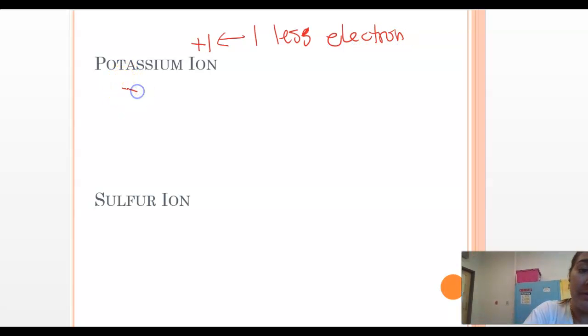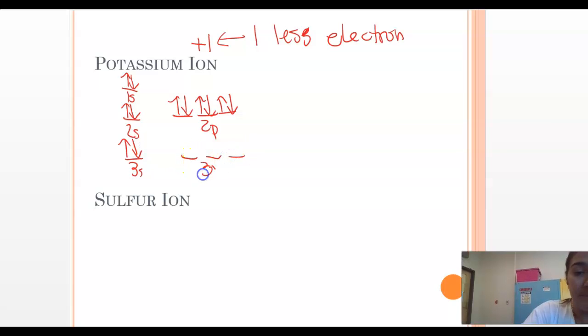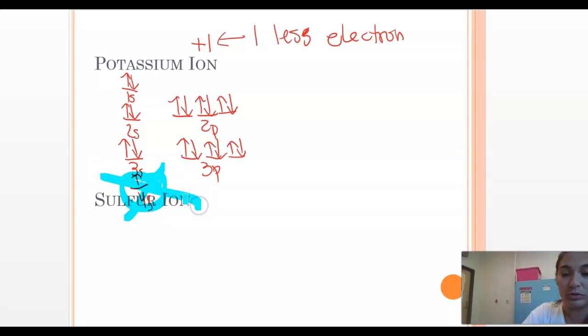So we would have 1s, 2, 2s, 2, 2p, 6, 3s, 2, 3p, 6, 4s, 1. And then what happens is, because we lost 1 electron, boop, gone.